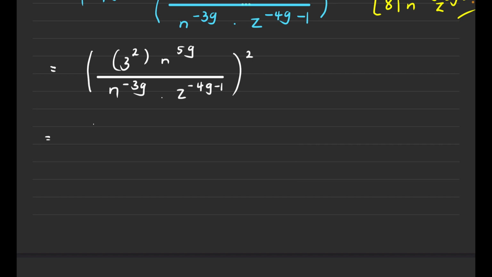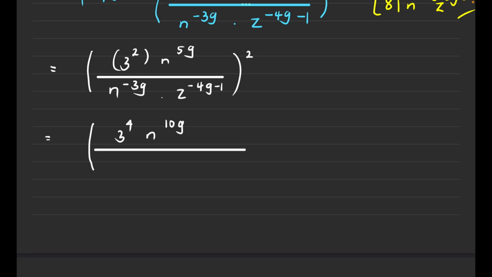So we've got inside the bracket 3 to the power 2 times 2, that is 4, n to the power 5g. So 5g times 2, that's going to be 10g. I'm dividing everything by n to the power minus 3g.